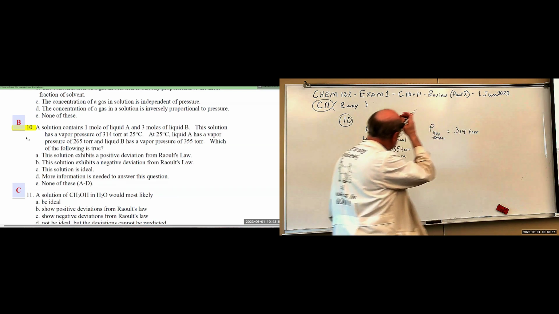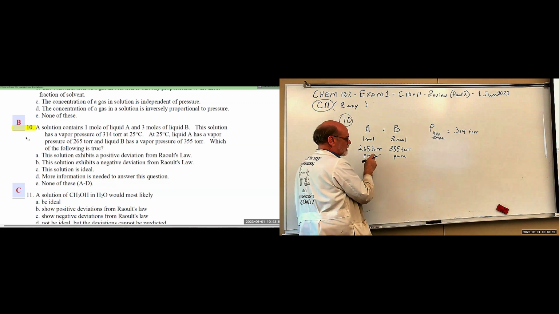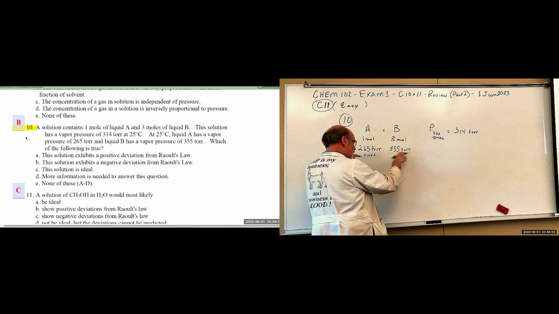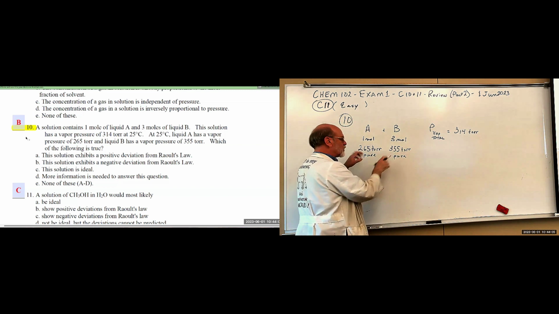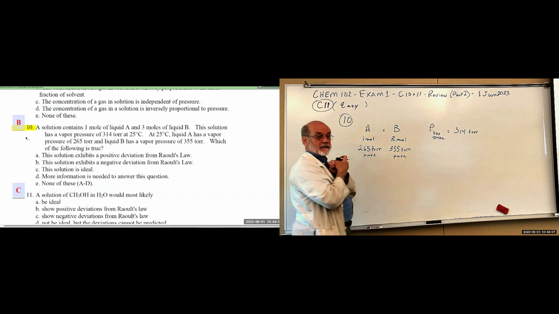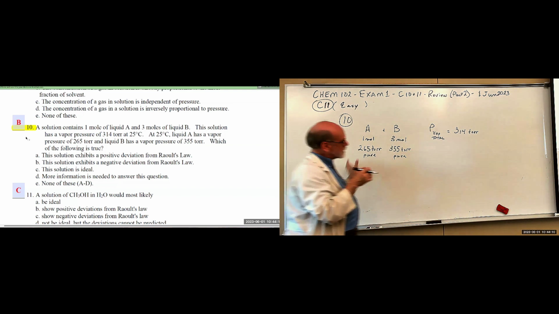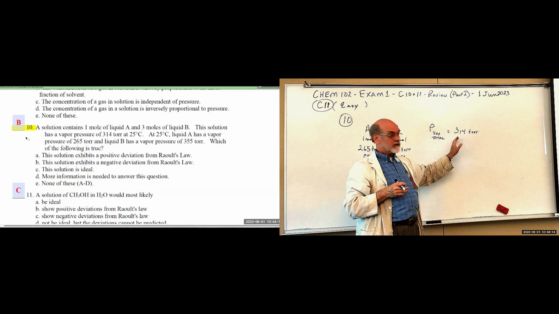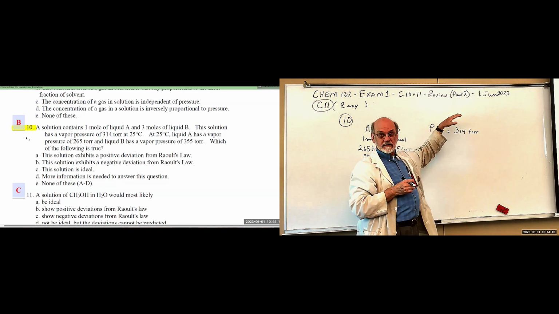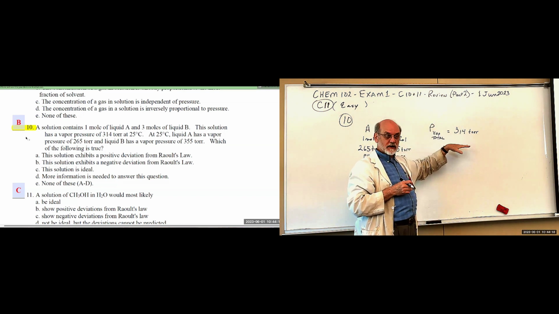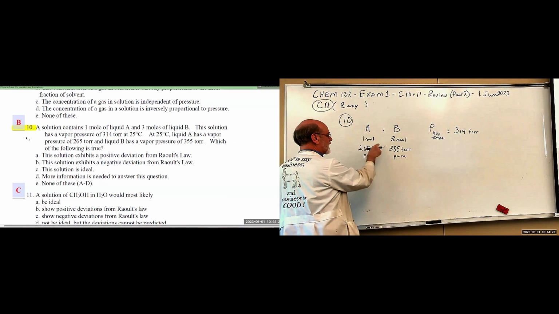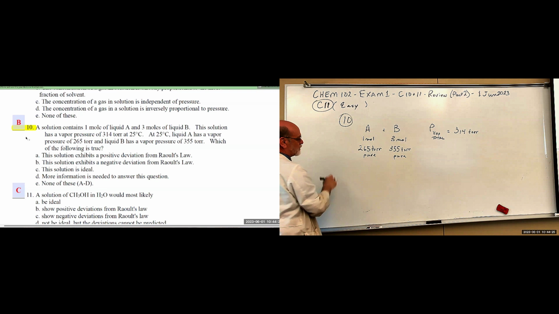So what we have to do is say, if the vapor pressure that we calculate for this mixture based upon their pure vapor pressures is equal to this value, then it's ideal. If it's higher, then there's a positive deviation. If it's lower, it's negative deviation. So we have to calculate the expected vapor pressure of A and B. How do we do that?